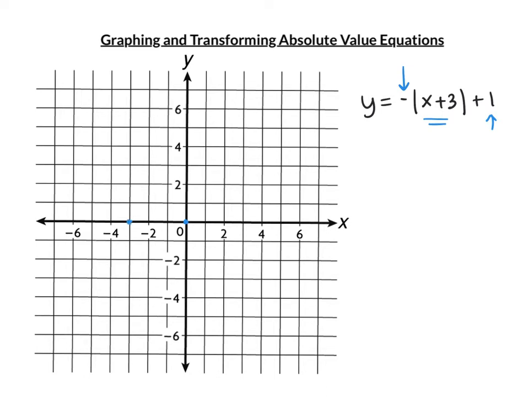Then normally the graph would have been right here, slopes of 1 and -1 on each side. However, that's not correct because everything will now be negative because of this negative out in front. So it would normally then be right here, but hang on a sec, that's not the answer. I'm just showing you. After that, we're going to move everything up 1.